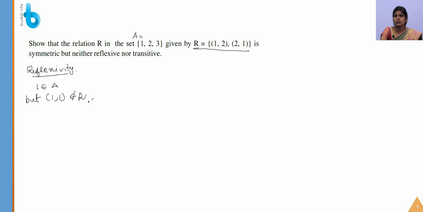Also, we have 2 belongs to set A and (2, 2) also does not belong to set R. Here only one example is enough. Just for your understanding I have given 2. If such an element exists, it is not reflexive. It does not belong to the relation R. Therefore, R is not reflexive.